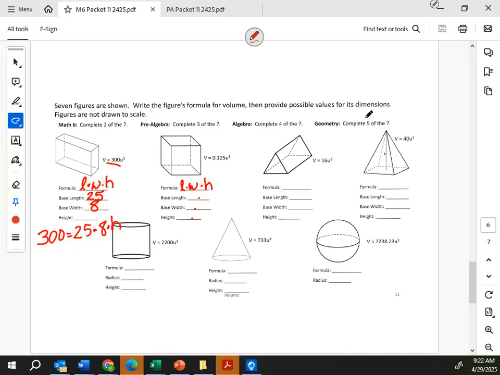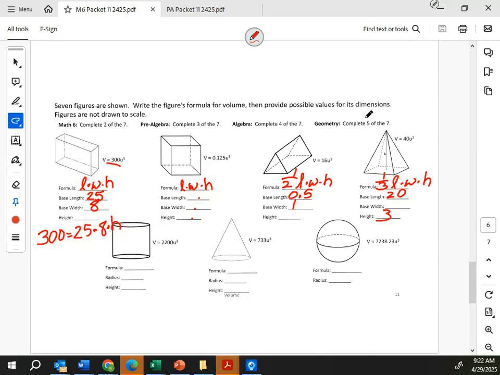For our triangular prism, we have 1/2 of the length times the width times the height. Our base length is 0.5, width is 1. For our pyramid, it is 1/3, length times width times height. Our length is 20 and the height is 3.